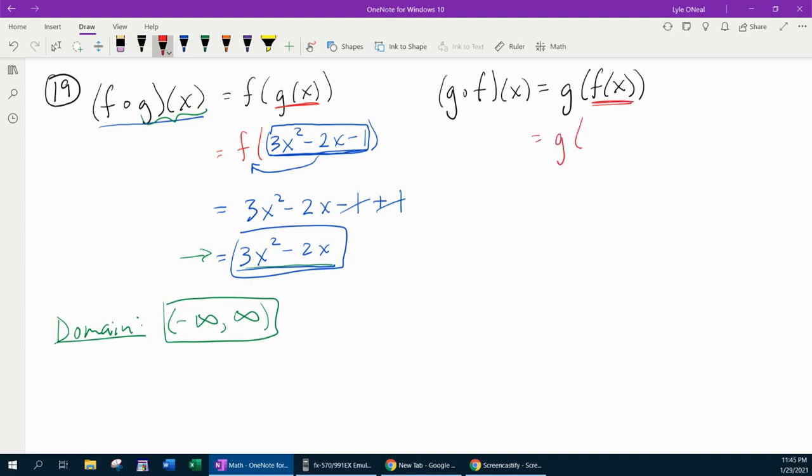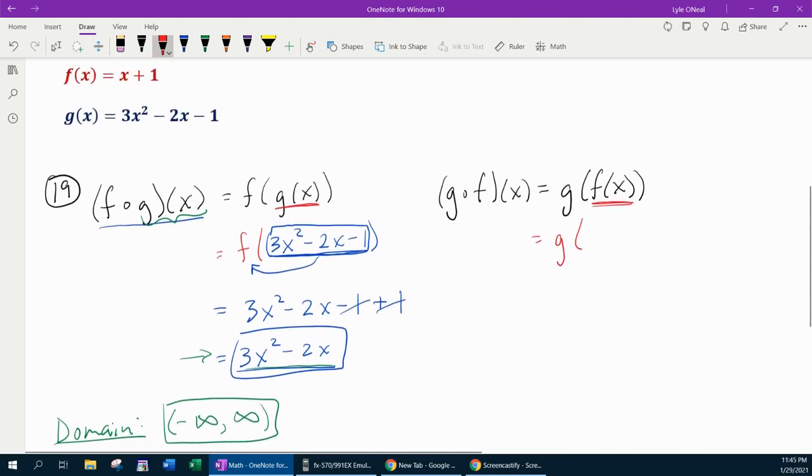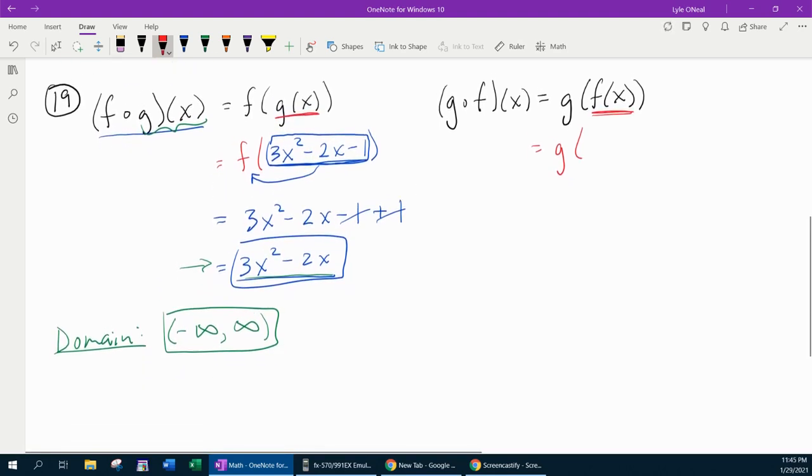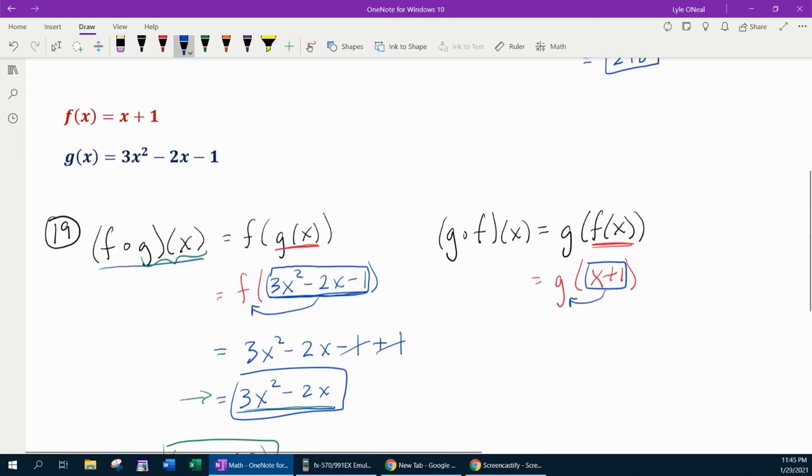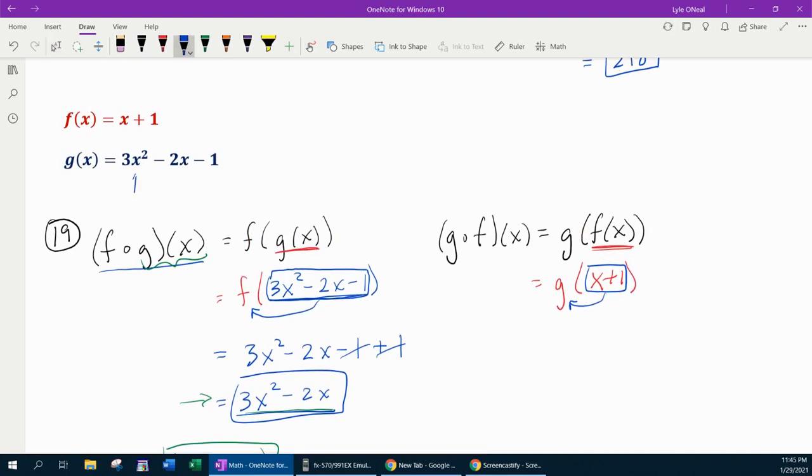So the inside stuff is f of x, which is x plus 1. And the next step would be we're going to take this stuff and stuff it into g. Okay, so going to g of x, every x is going to get replaced with x plus 1.